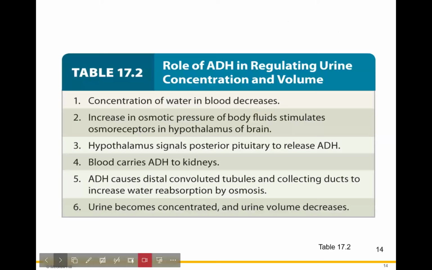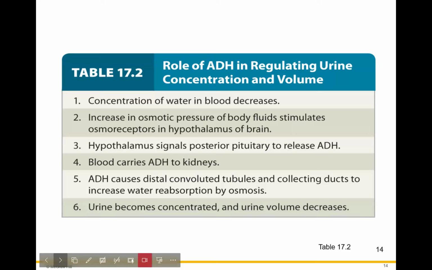Okay, so this is how this works. If you were starting to become dehydrated, the concentration of the water in your blood decreases, so you have less water in your blood. And this increases the osmotic pressure, which is a measurement of the solute concentration.